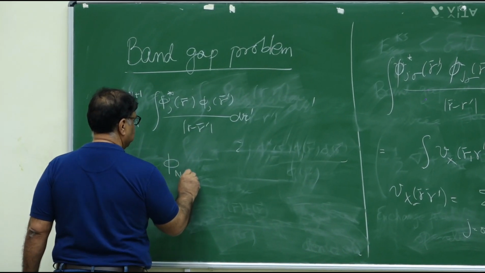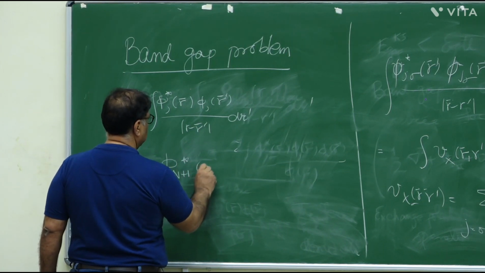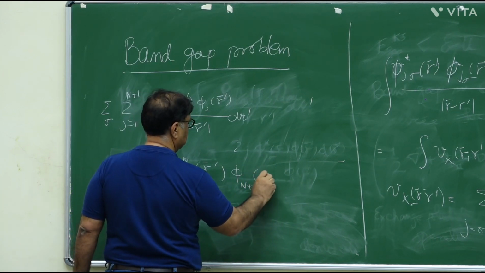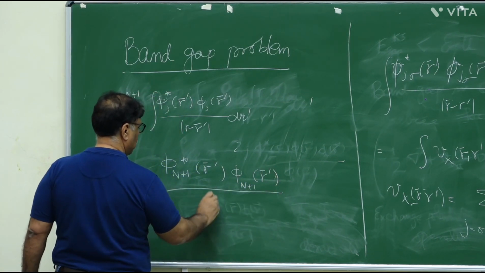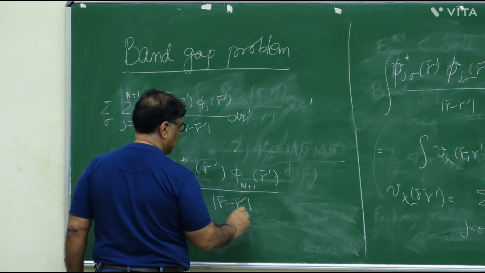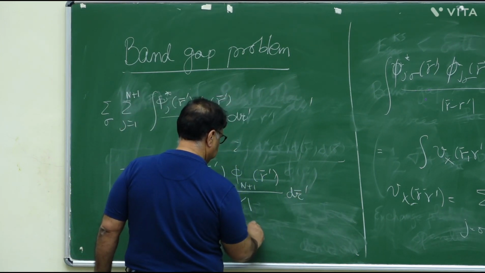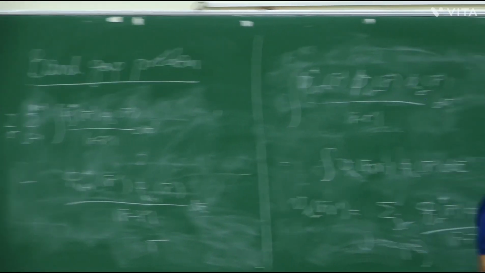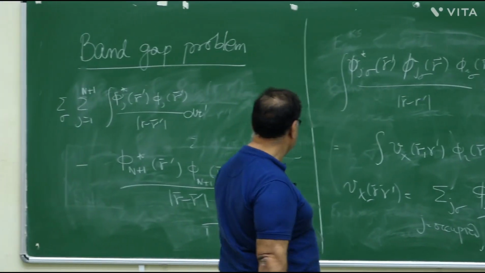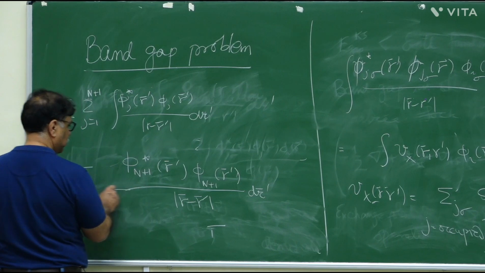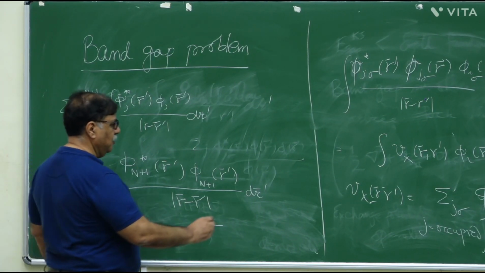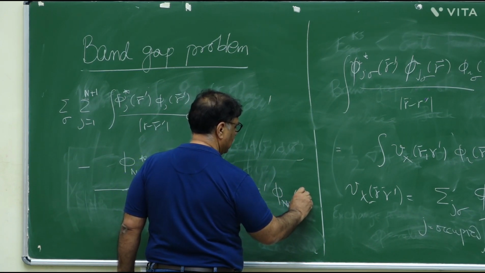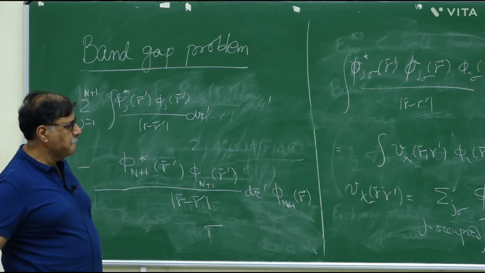This last term, phi n plus 1 star r prime, phi n plus 1 r prime over |r minus r prime| dr prime, plus the last term. Okay? And this is acting on phi n plus 1 of r.